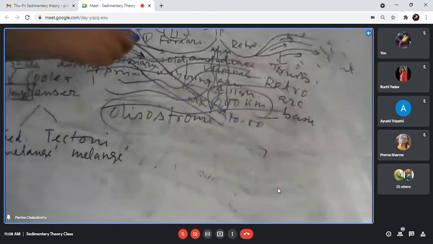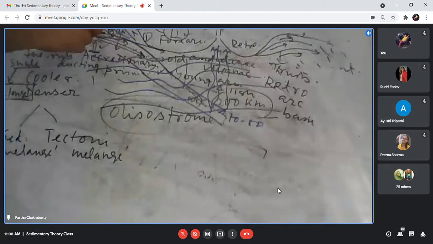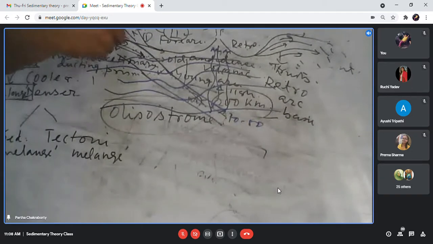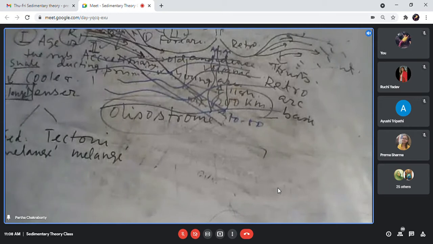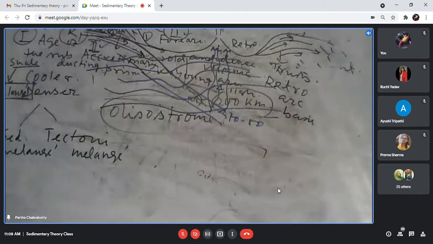So the oceanic crust is thrusted, and the basins which will be bounded between them will be getting filled from the sediment that they receive from the thrusted block. So here you will get sandstone, but this sandstone will not have any quartz grain.